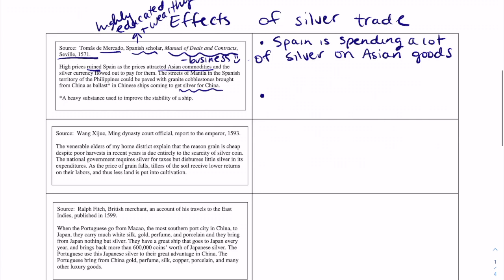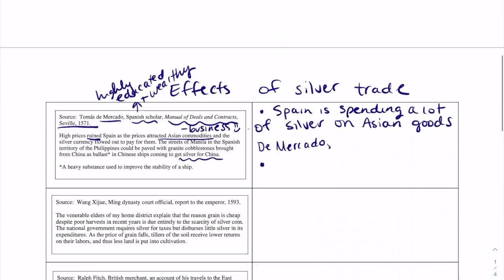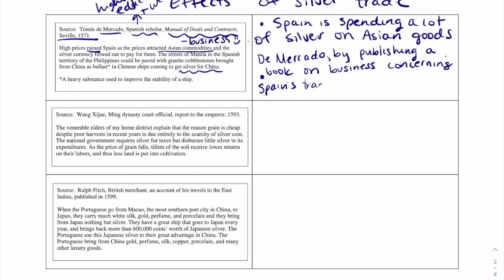If I'm mimicking here, I might say something like, de Mercado, writing to the King and Queen of Spain, a book on business concerning Spain's trade with China.